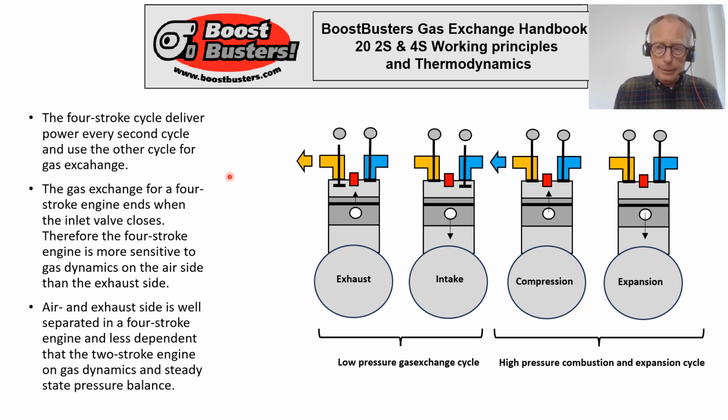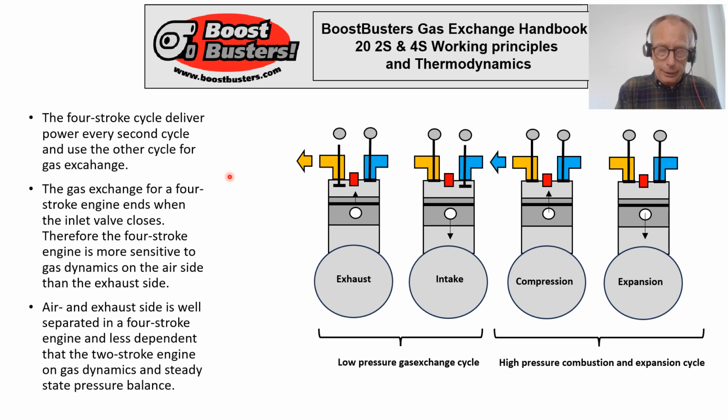The importance of which part of the gas exchange is ending the gas exchange process is the dependency on the gas dynamics happening either on the air side or on the exhaust side. So a 4-stroke engine is always more dependent on what is happening on the air side, pressure wave wise, in the gas exchange process.